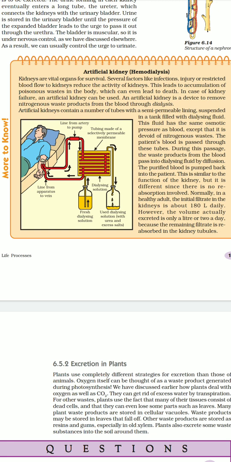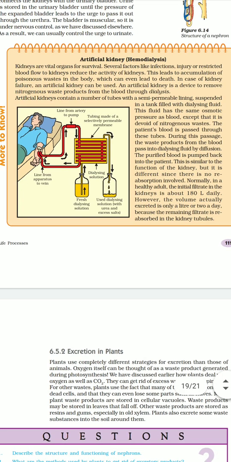When blood passes through this tubular structure, it removes all its nitrogenous waste into that fluid, and the purified blood passes back to the patient's vein. Fresh dialyzing solution keeps being added after some time, because this dialyzing solution keeps getting dirty.